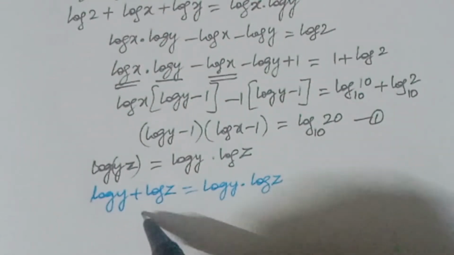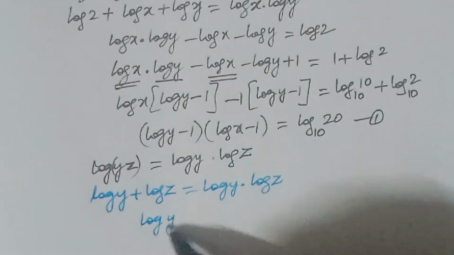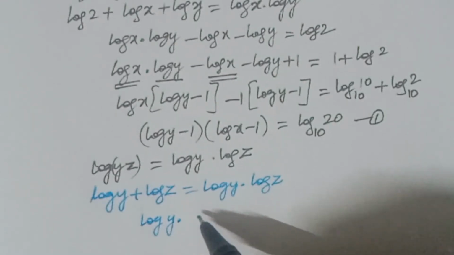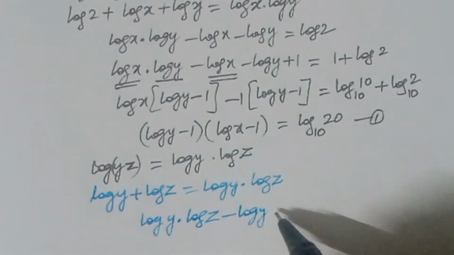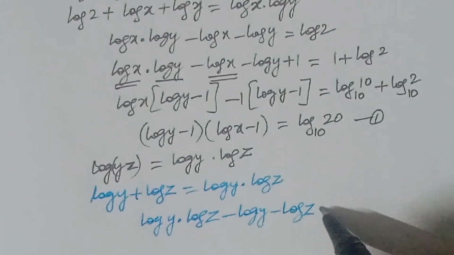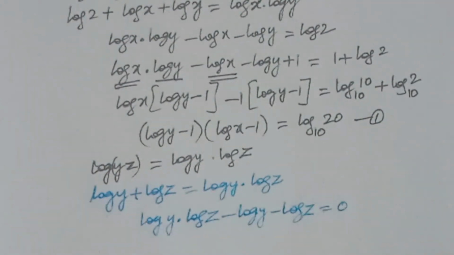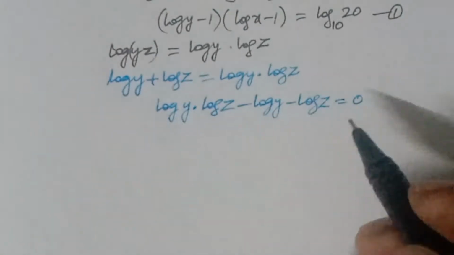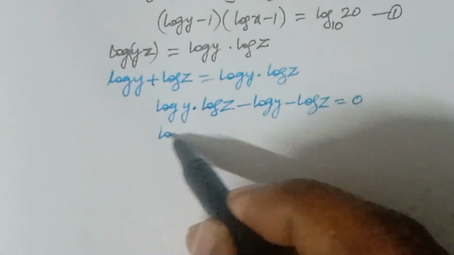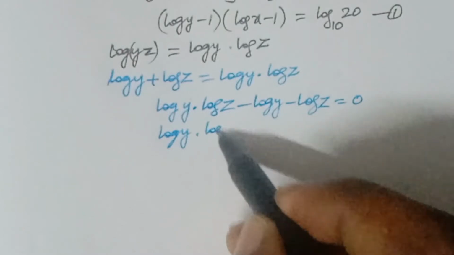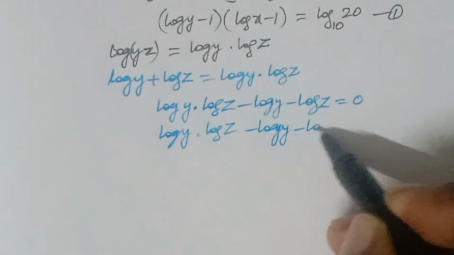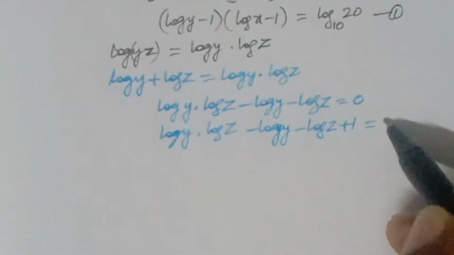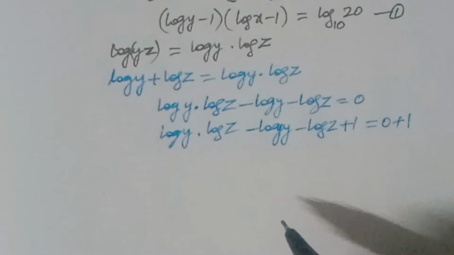So you'll get log y into log z minus log y minus log z is equal to 0. So adding 1 on both sides, log y into log z minus log y minus log z plus 1 is equal to 0 plus 1.